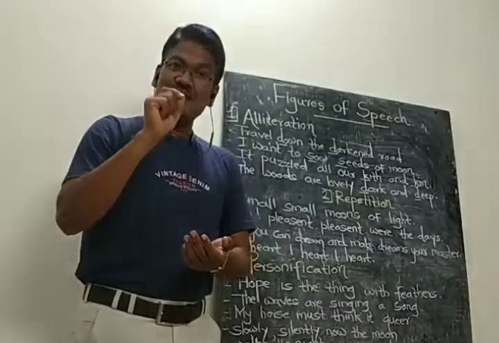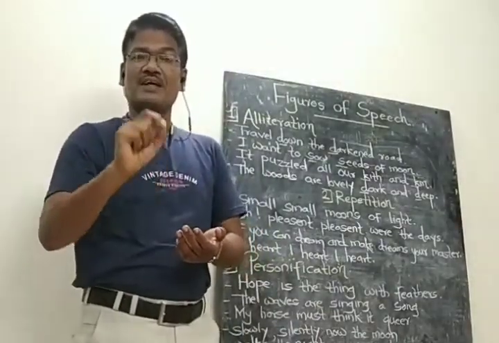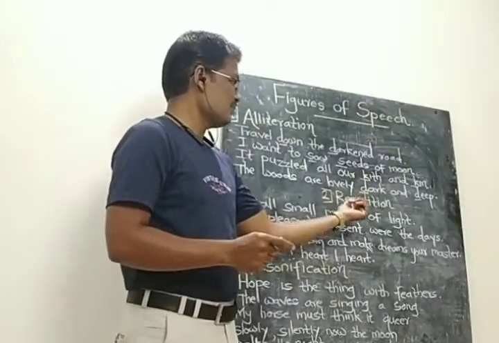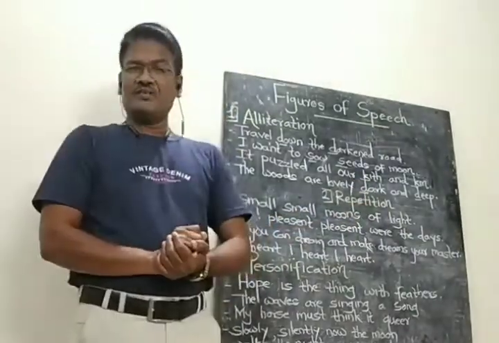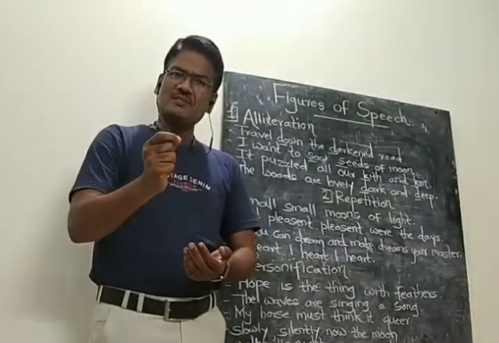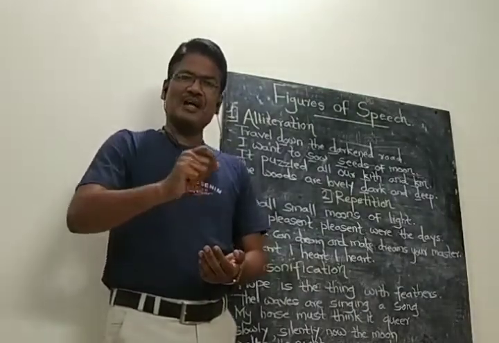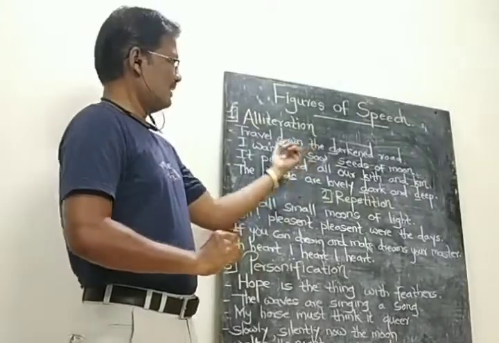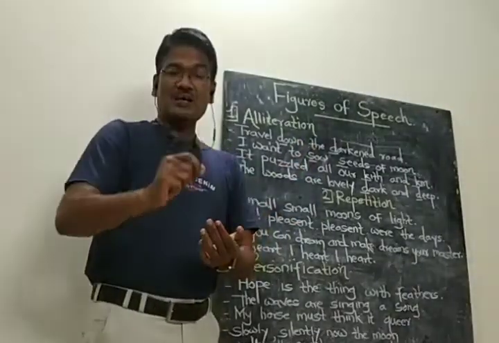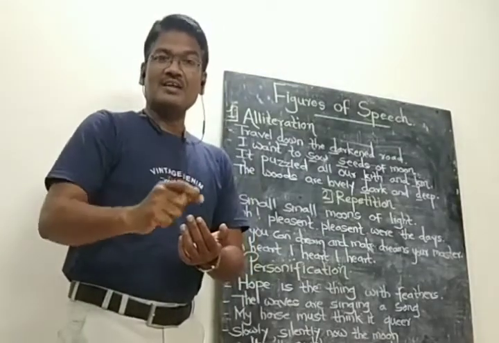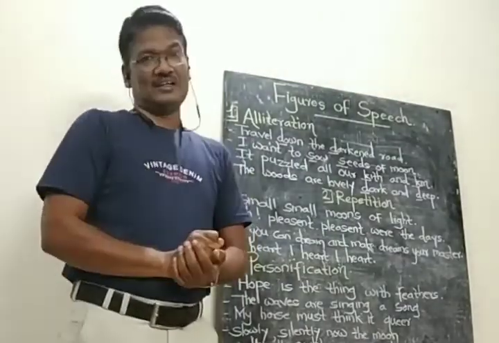When the same word is repeated again and again, this figure of speech is known as repetition. Friends, what is the difference between alliteration and repetition? In alliteration, just a sound is repeated, but in repetition, the word is repeated again and again.